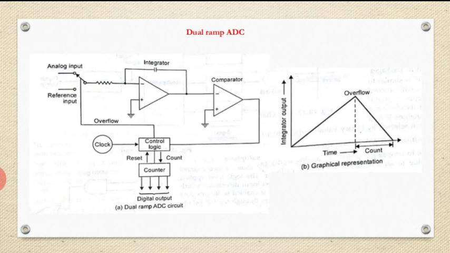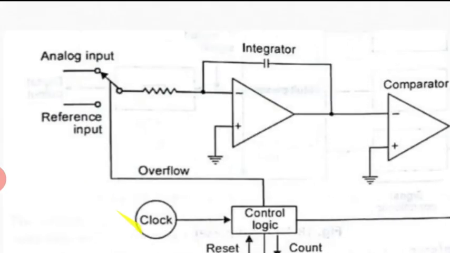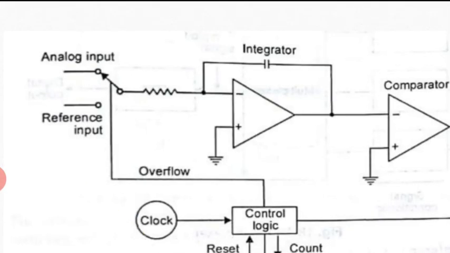Here the analog input voltage and the reference input voltage are successively connected to the integrator with the help of a switch, one after the other. The fixed voltage is integrated for a fixed sample time.